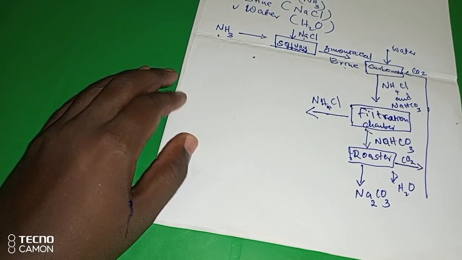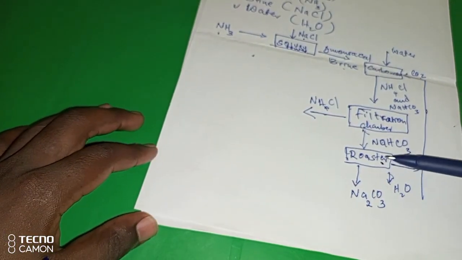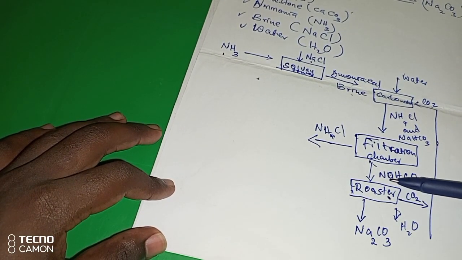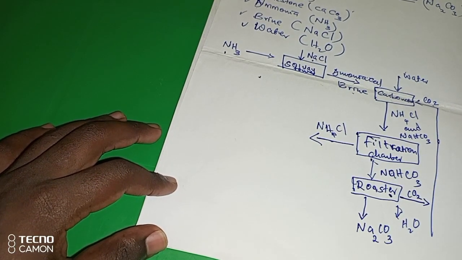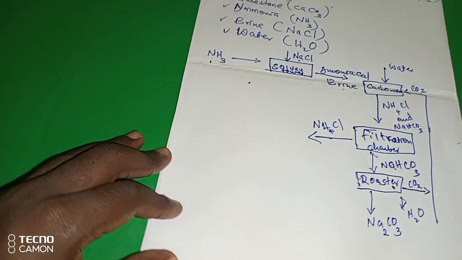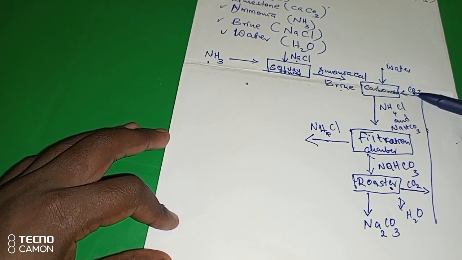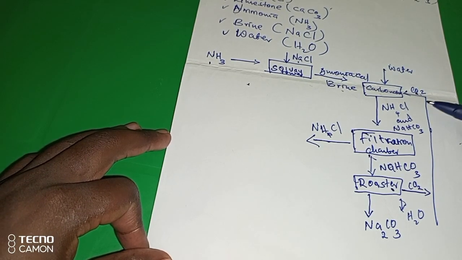Some water is given out. We decompose sodium hydrogen carbonate at a temperature of 300 degrees Celsius. So, where did we obtain this carbon dioxide, which was initially used?